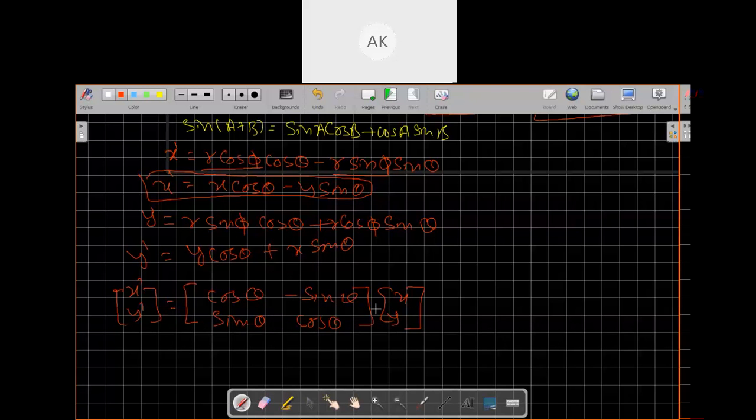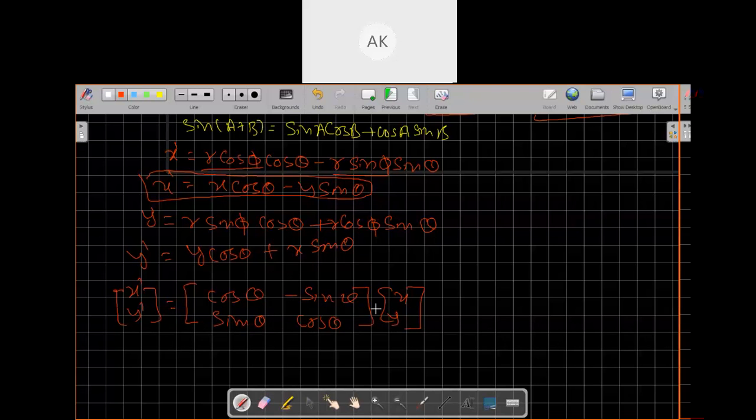After deriving this formula, we wrote the equation in the form of a matrix. So x dash y dash in the form of the matrix cos theta, minus sin theta, sin theta, cos theta. As you can see, x dash equals x cos theta minus y sin theta.